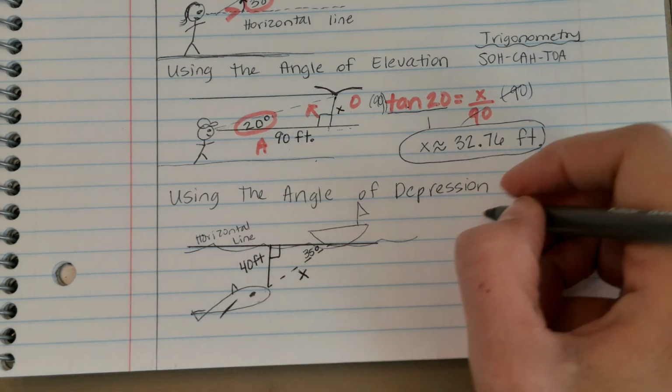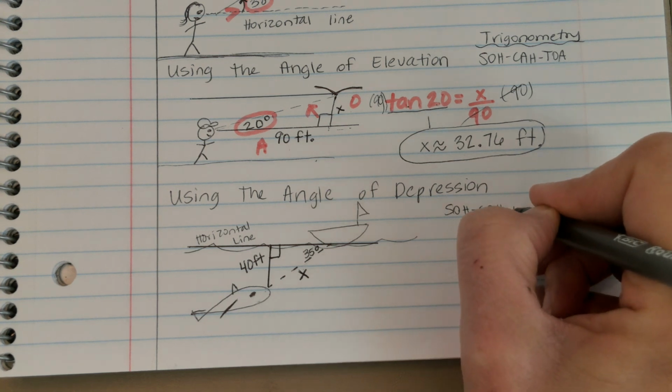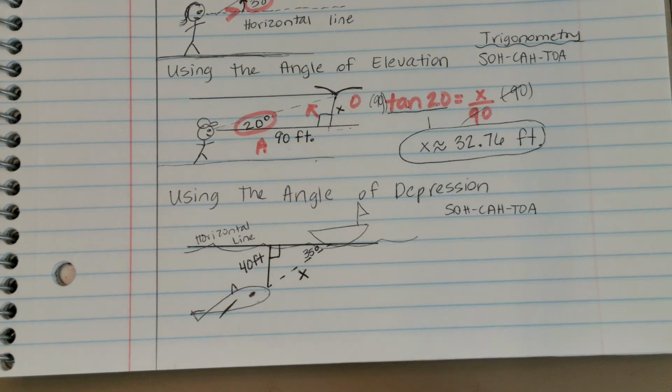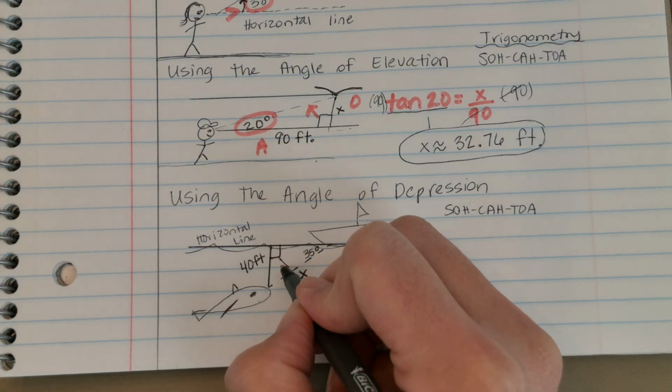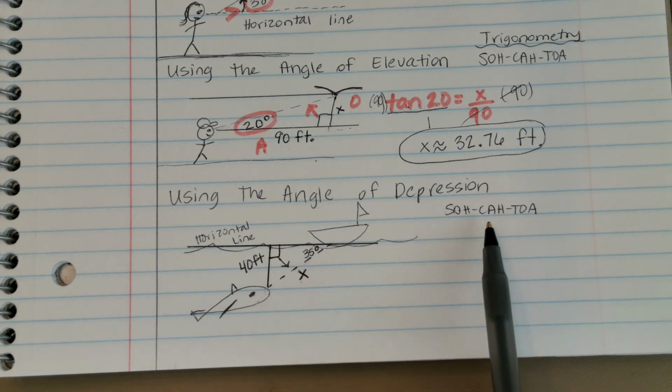Okay, so again, we're going to use SOHCAHTOA to solve. And like I always say, look at what we have given. This time we do have the hypotenuse. Always look from across from the right angle. That's the hypotenuse. So we do have that. So it's either sine or cosine.